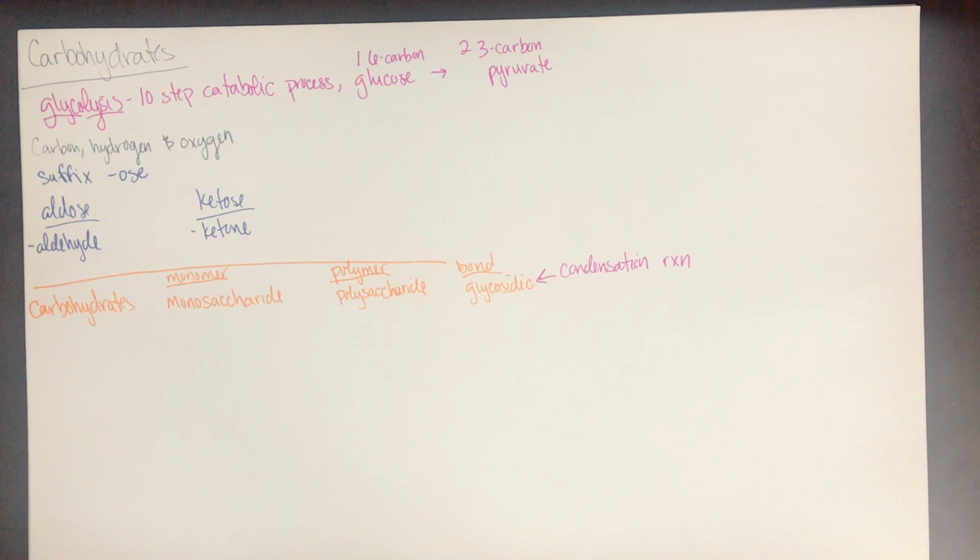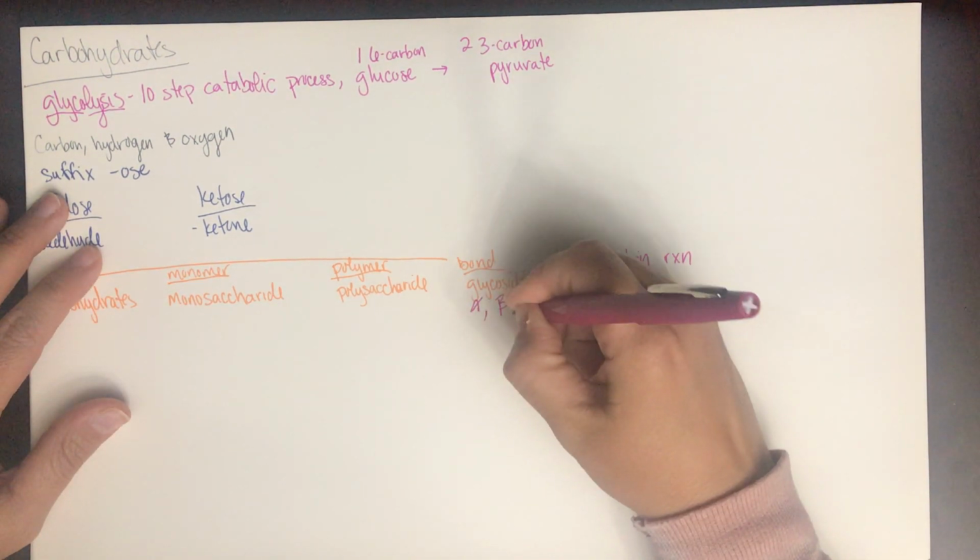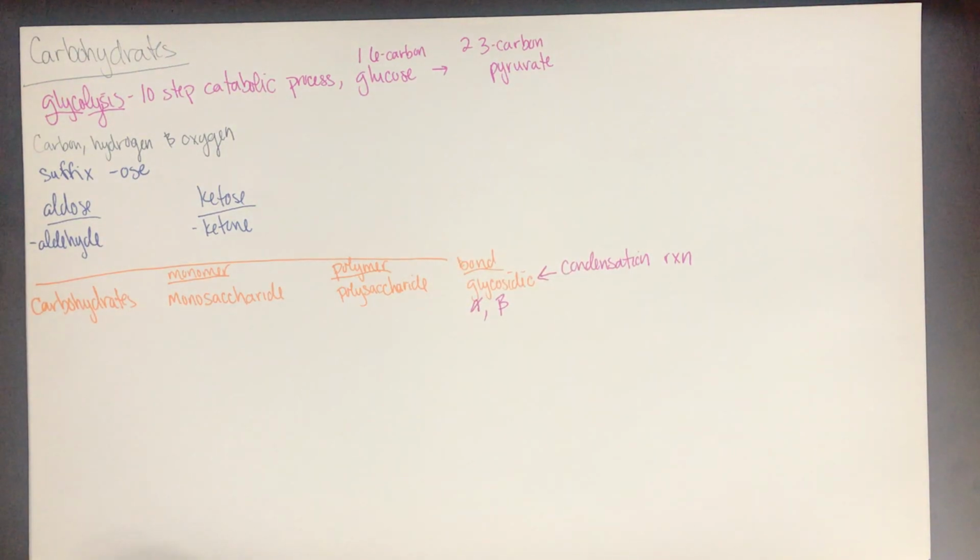So you'll see that there are what are called alpha glycosidic bonds or beta glycosidic bonds. And that has to do with the side of the ring structure that the hydrogens are on. You'll see this when you look at the picture. If they're on opposite sides or the same side, that will tell you if you have an alpha linkage or a beta linkage.